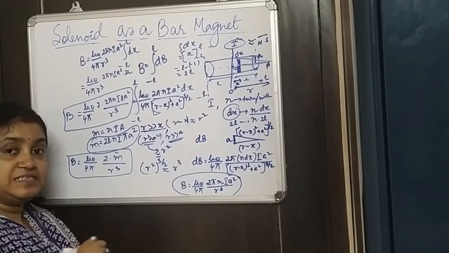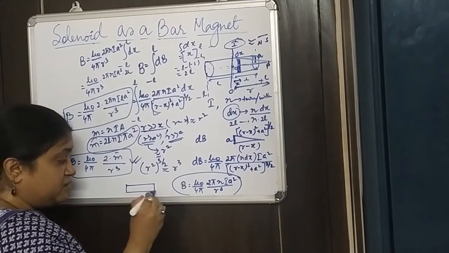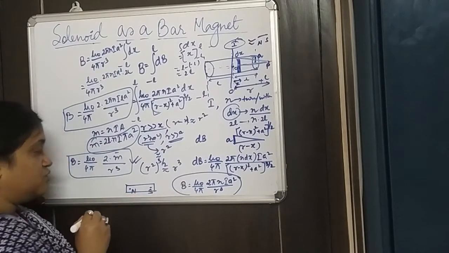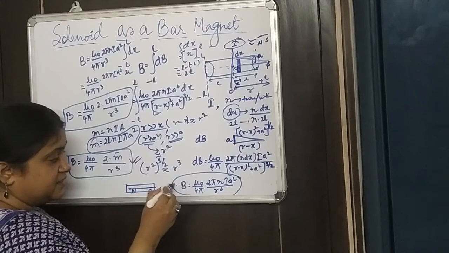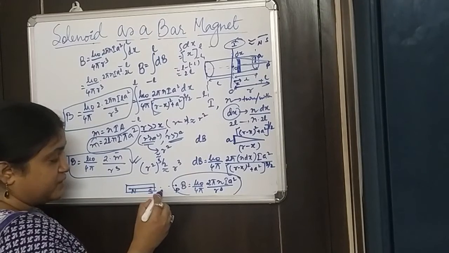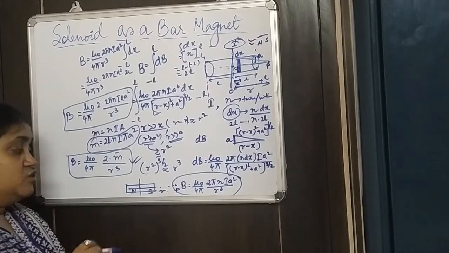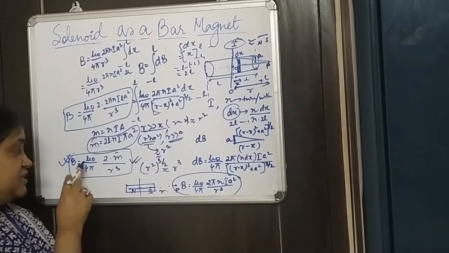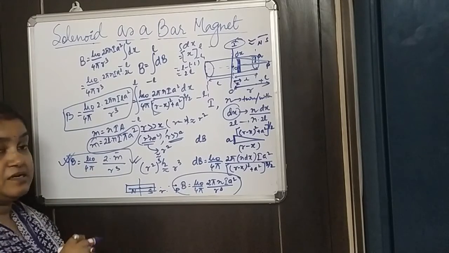And very surprisingly, we see this is the same expression that we find for a dipole magnet or a bar magnet, if this is N S or something. For a point P which is at an axial distance r from its center, the magnetic field at P is also the same, that is mu naught by 4 pi, 2 into its magnetic moment divided by r cube.